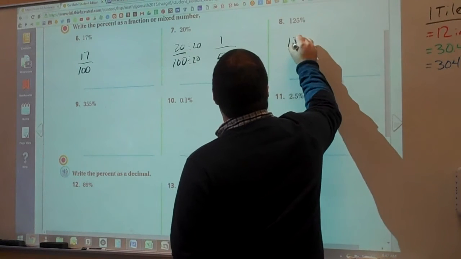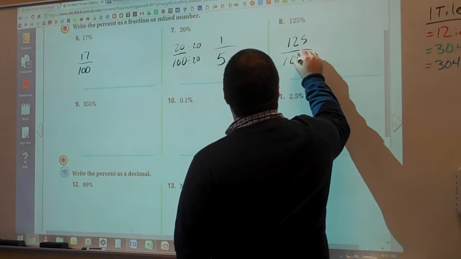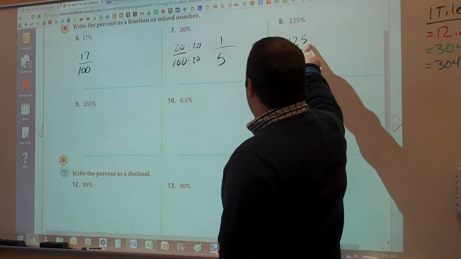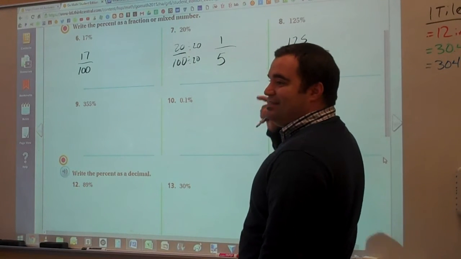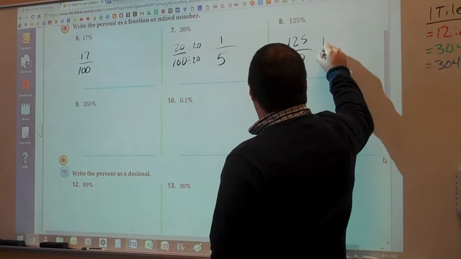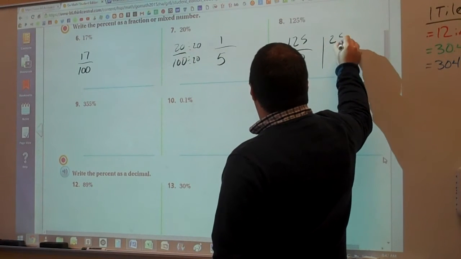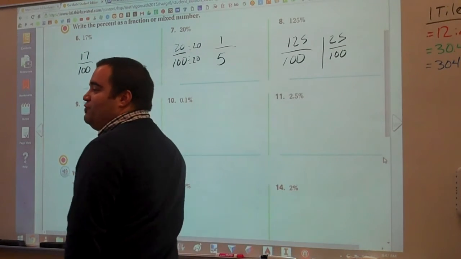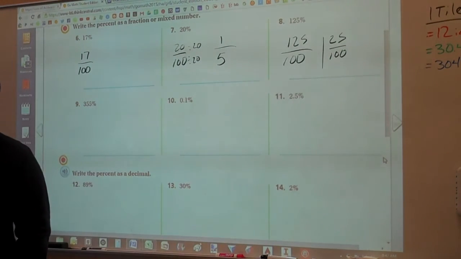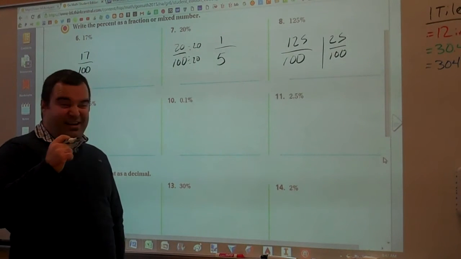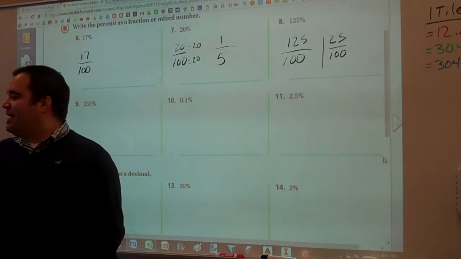And lastly, we had 125 over 100. The little trick that we learned yesterday: if it's more than 100, take the digit that's in the hundreds place, bring it out front. That's what you have left. 1 and 25 hundredths, which can be reduced to?